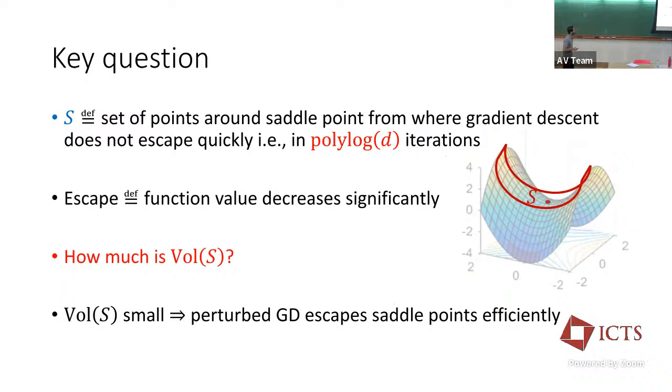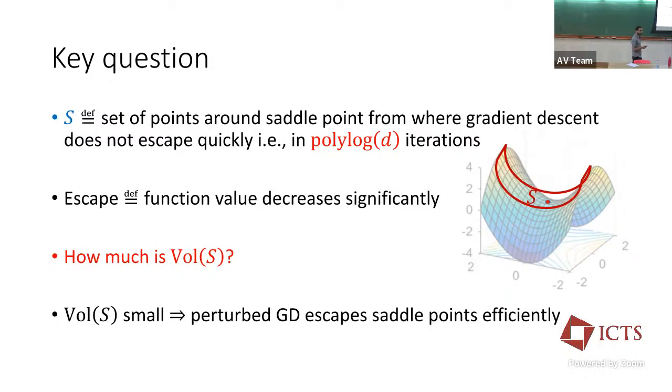Okay. So if we just consider the same saddle point that we have here, when we do this random perturbation, it can fall in a ball of radius r here, right? Out of that, we look at what are the points, and then we also saw that after that, we'll just be doing gradient descent for a certain number of iterations. So the question that we would like to ask is, if we look at the set S of points around the saddle point from where gradient descent does not escape quickly, right?